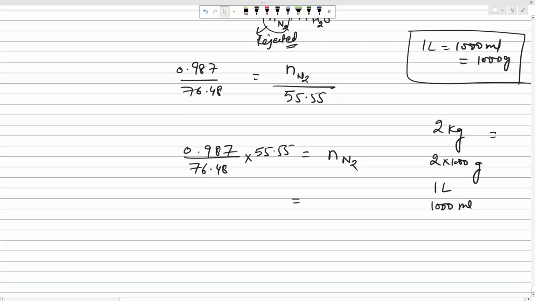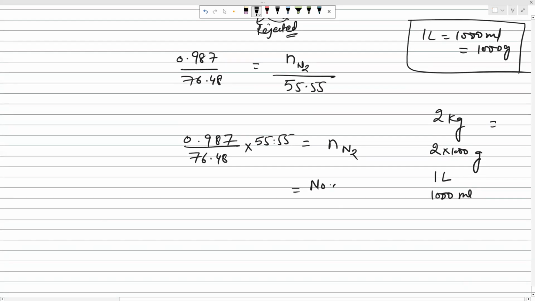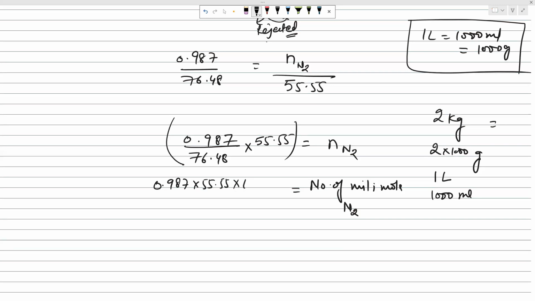So the number of millimoles of N2 will be equal to whatever value you get, multiplied by 1000. So you will get 0.987 into 55.55 into 1000 upon 76.48.